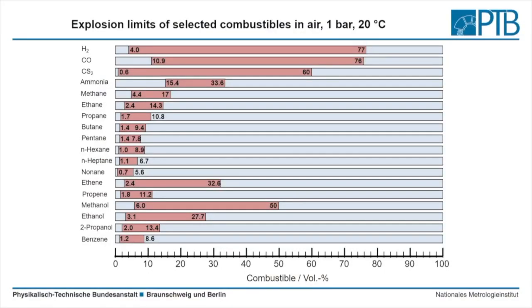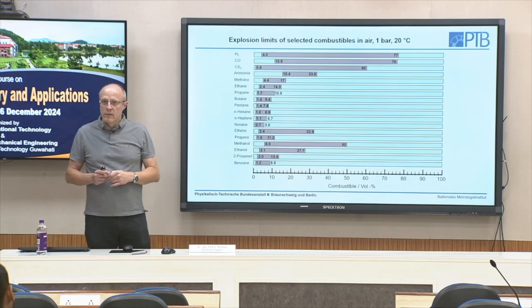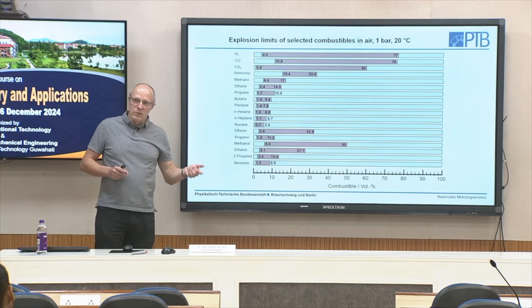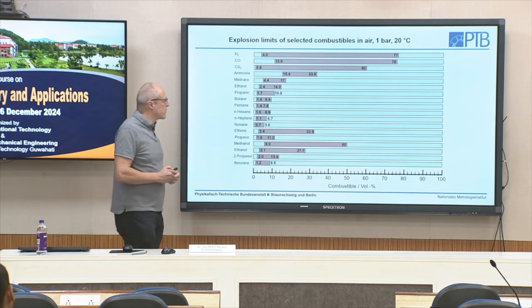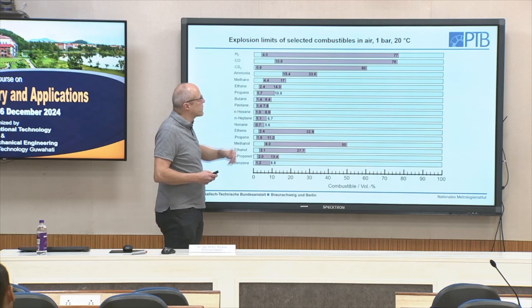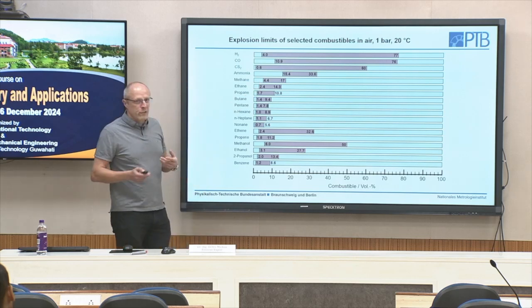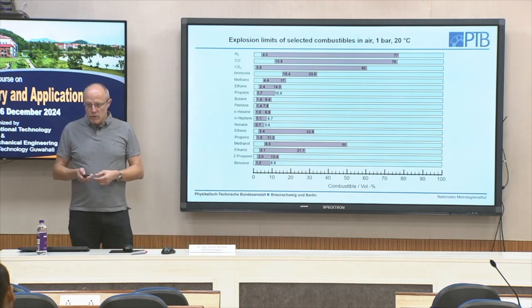So they are quite below this value, and therefore it is not so important to know this value precisely. As I said, methane is 4.4 in Europe and 5% in the US, but 10% of this value is also quite small. With respect to safety, it is okay to have differences, which depend on the methods we are using.